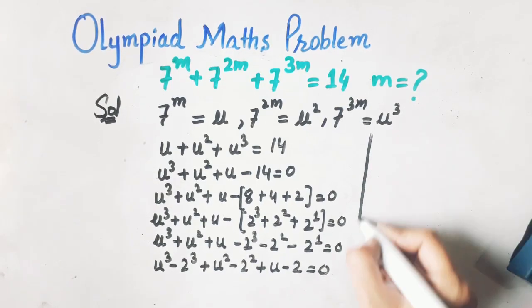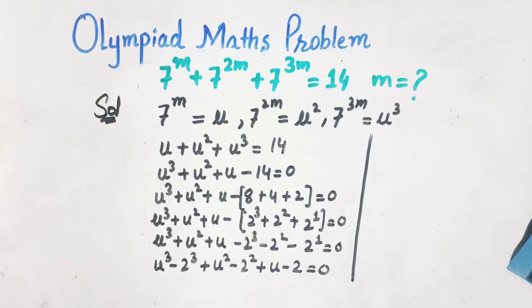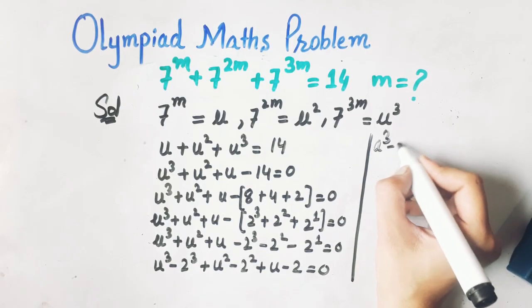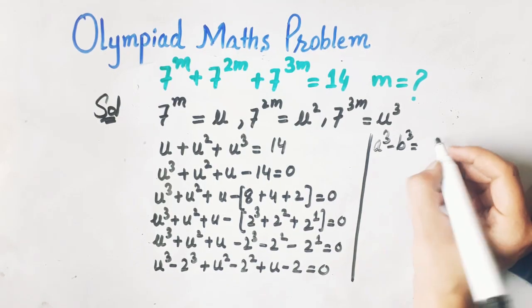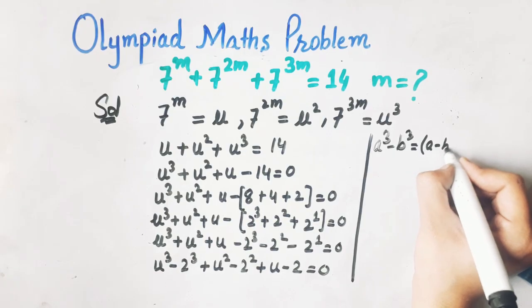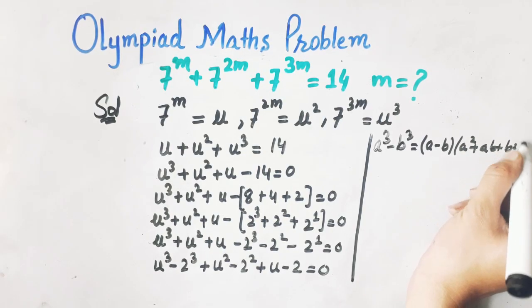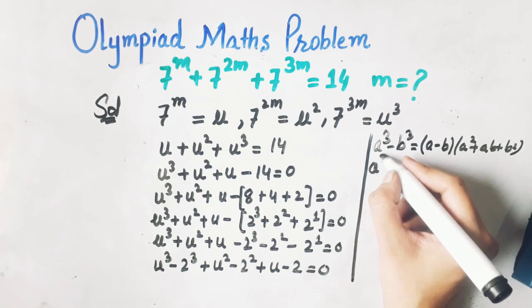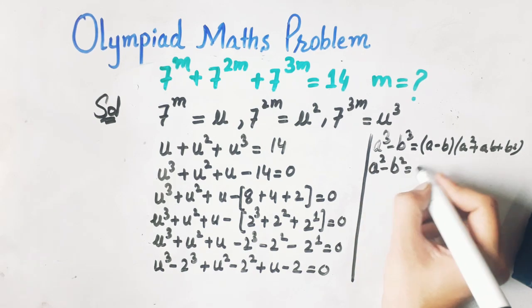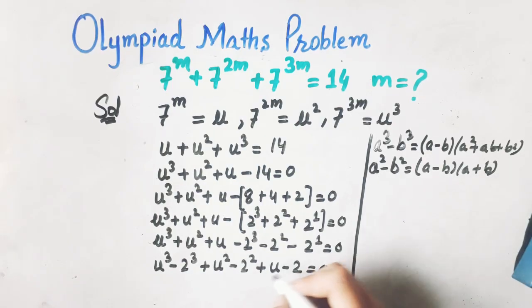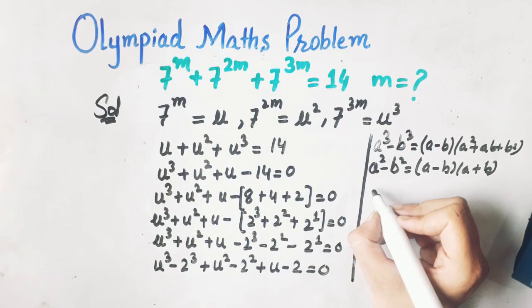Now we will apply formulas on this. First of all, formula of a cube minus b cube, that will equal a minus b into a square plus ab plus b square, and the other one is a square minus b square, that equals a minus b into a plus b. Apply these formulas.